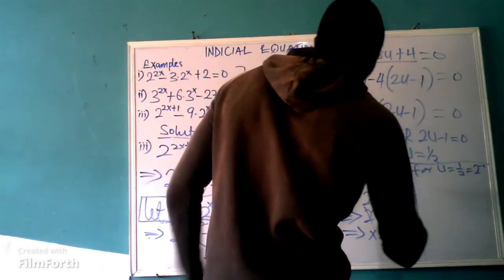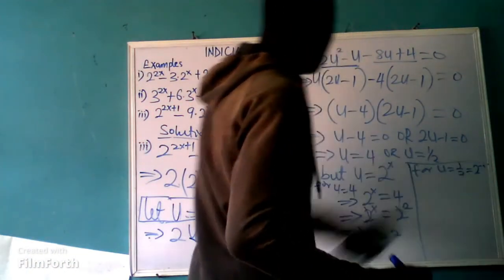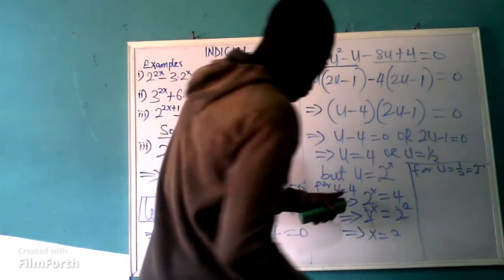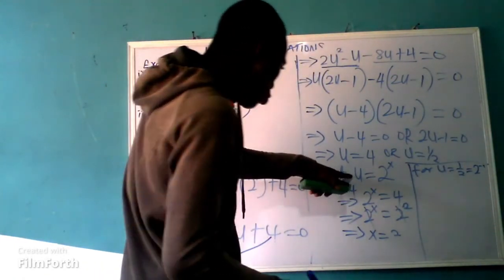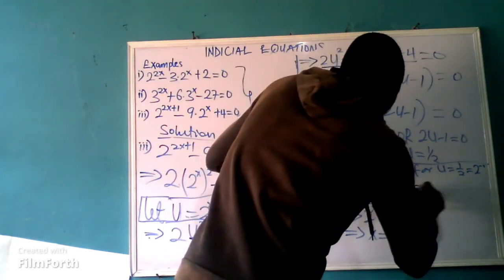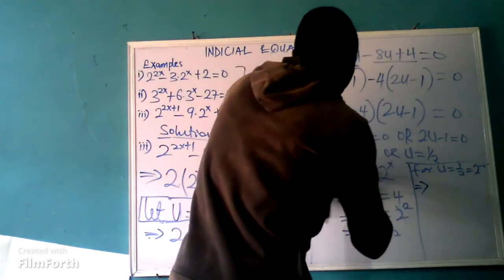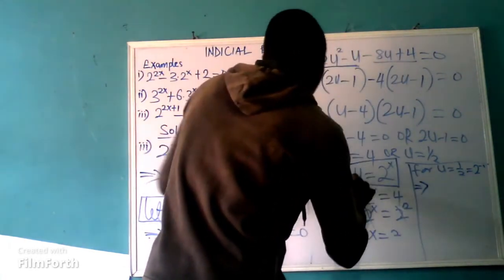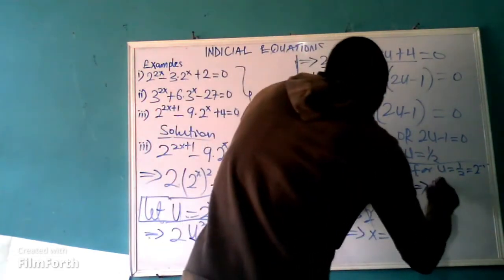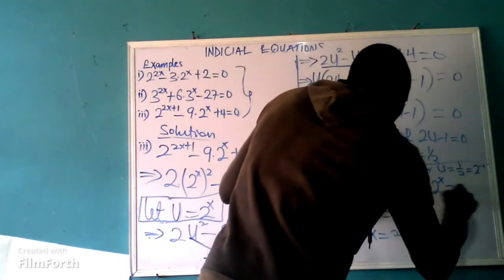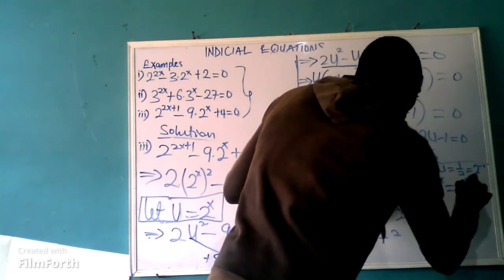So that for u equal to this value, it implies that 2 raised to power x is equal to 1 over 2, which implies that 2 raised to power x is equal to 2 raised to power minus 1.